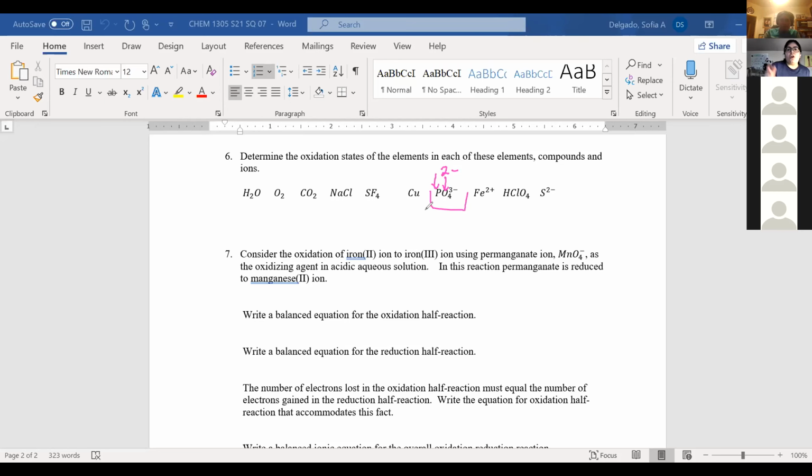What is the overall oxidation for this ion? -3, right?